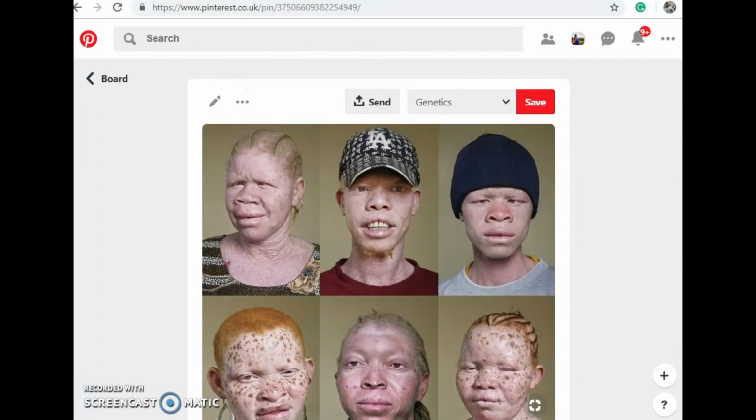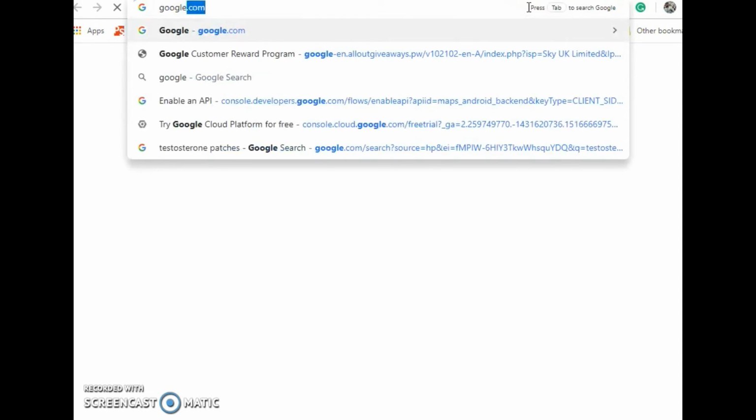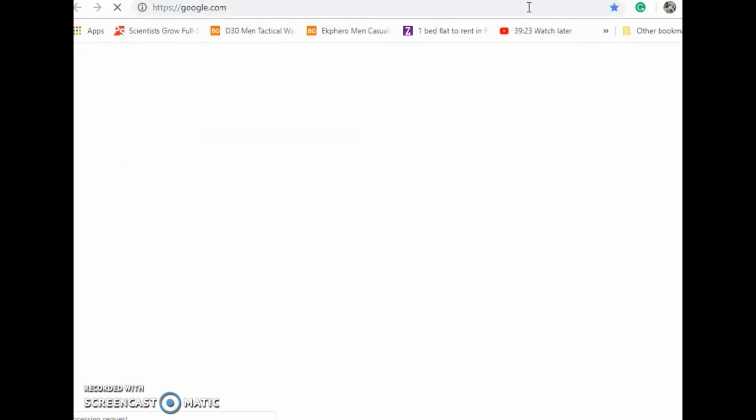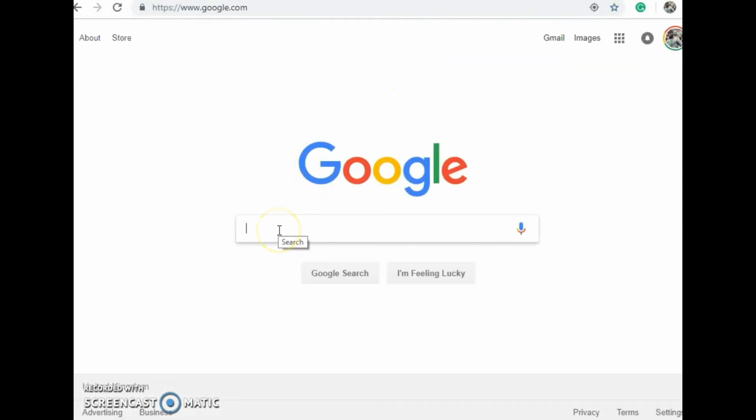But everybody of any ethnicity can have albinism. What actually causes albinism? Can't really remember precisely, but let's have a look. Right.